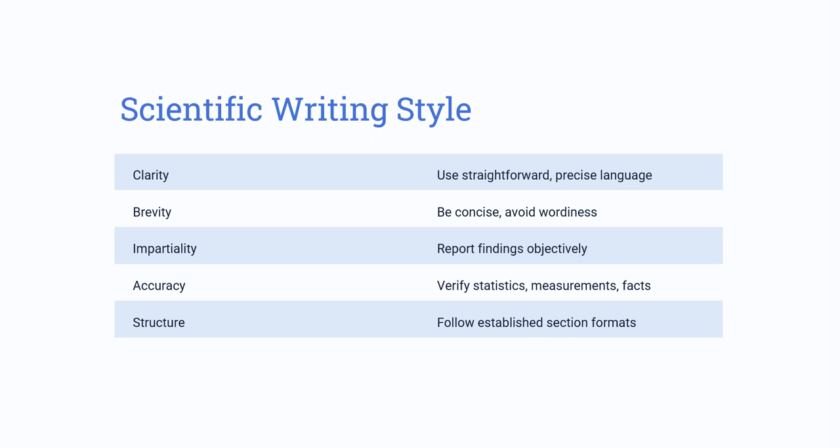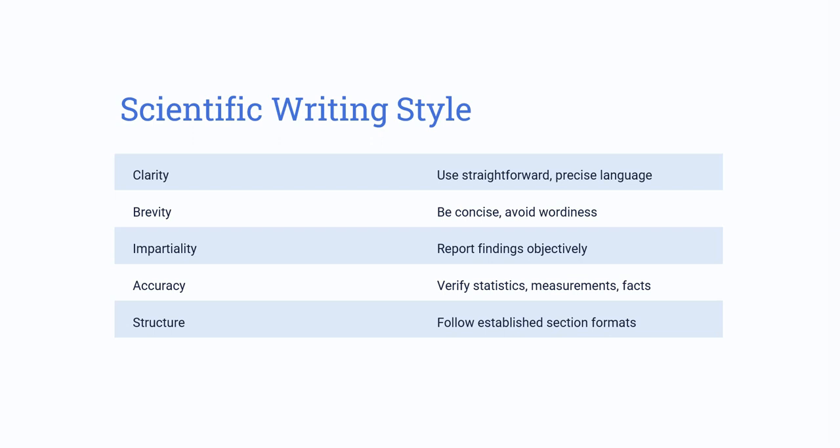So it is always important to be focused on your methodological part. If it is possible to develop a new method, there will be a chance of high publication, high acceptance. The structure follows the established section format.